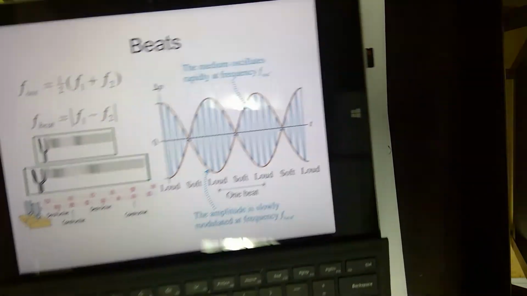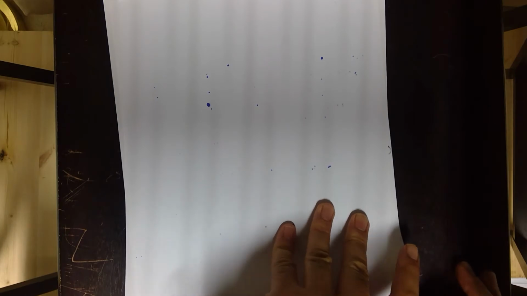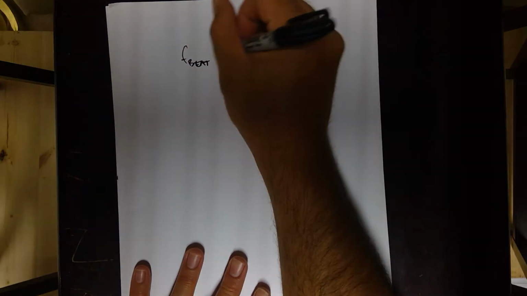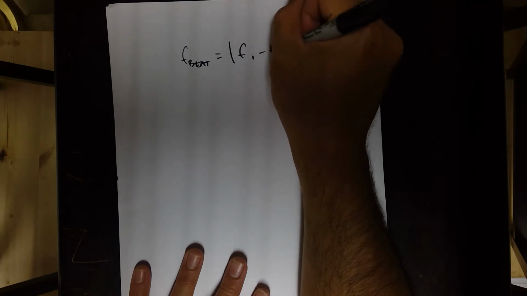Now what you should have noticed is that the frequency was increasing when I had a larger difference between the two frequencies. The reason that happens is that your beat frequency is literally determined by the difference between F1 and F2.